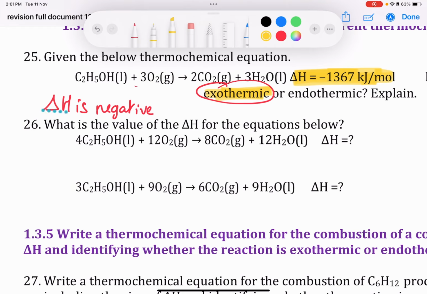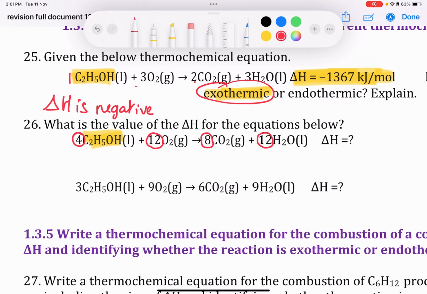Now, let's compare the given equation to solve 26. Here we go. C2H5OH, but now it is multiplied by 4. Before it was 1. And this 3 was multiplied by 4, it turned to 12. And this 2 was multiplied by 4, it turned to 8. And this 3 by 4, it turned to 12.